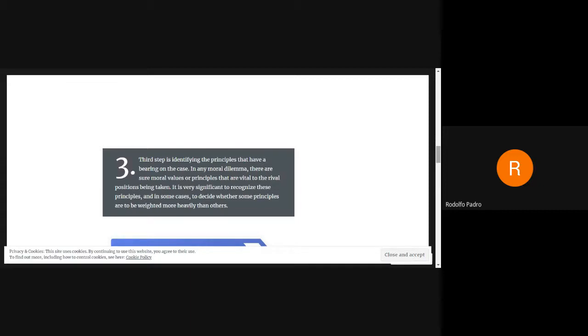Sometimes when we make decisions out of principles, we see universal moral principles. What are universal moral principles?